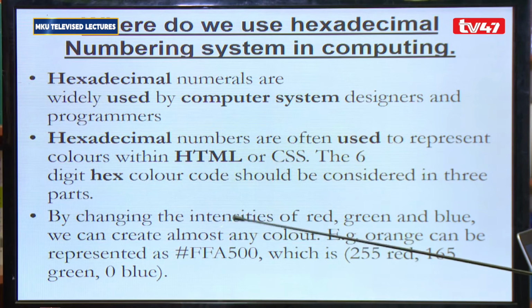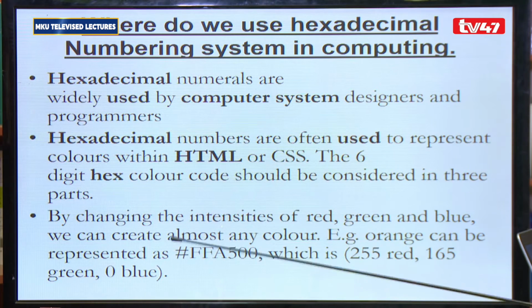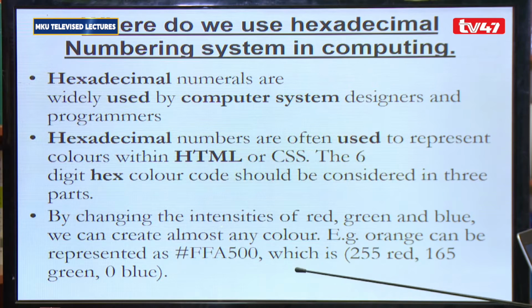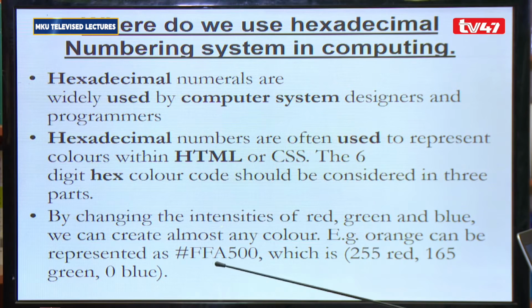For example, when you want to change a particular color, you just vary red, green, and blue, the RGB color code, and out of that, you can form different colors. Orange can be represented using the hexadecimal value FFA500, which is a representation of red, green, and blue.